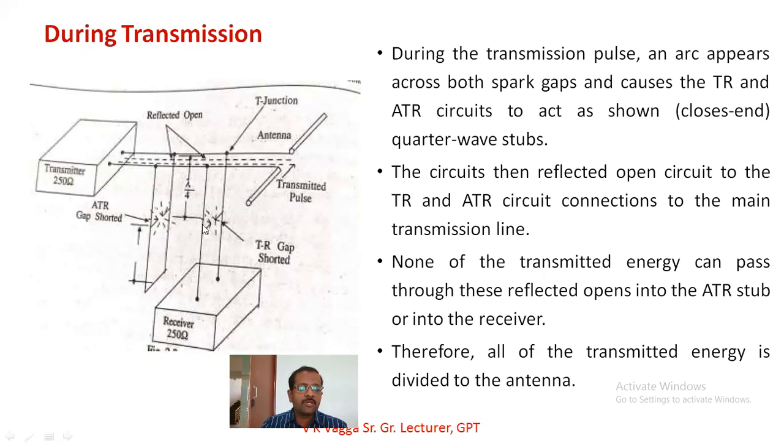You can see the existence of the spark here. If the spark is available, it is acting as an open switch, and if it is acting as an open switch, the end is closed.